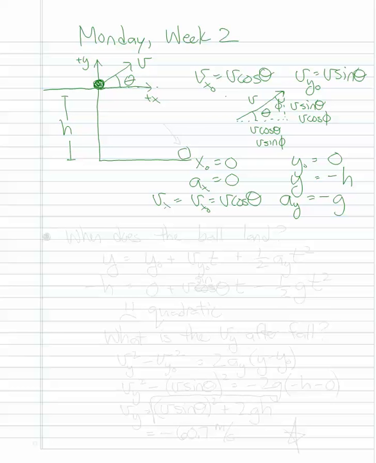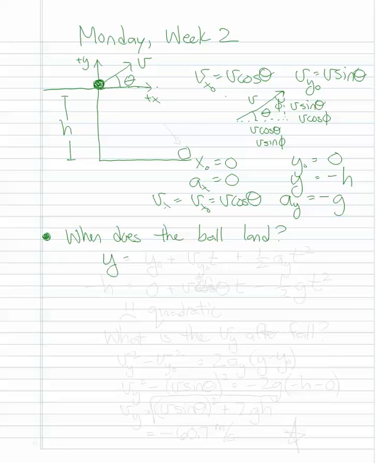Okay, so here's the first question. The first question is, when does the ball land? And the first thing that occurs to me is that I'm going to use the y direction. The x isn't going to be very much help, because if it weren't for gravity, it would never land.